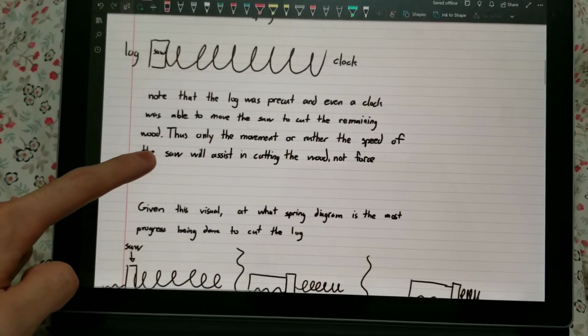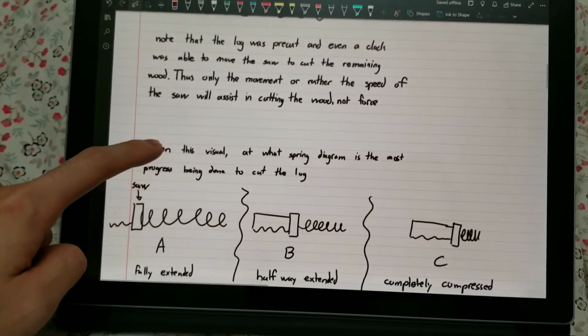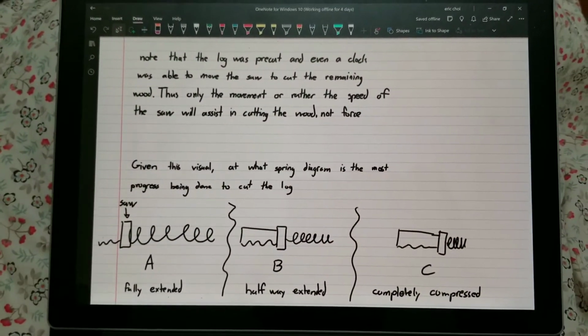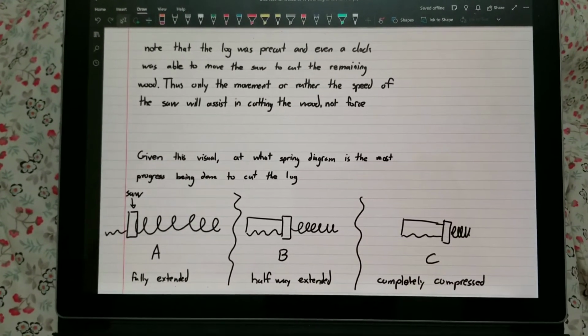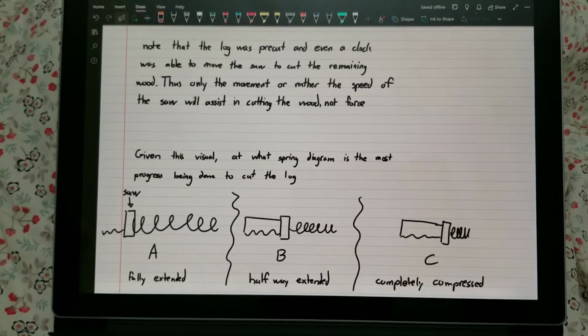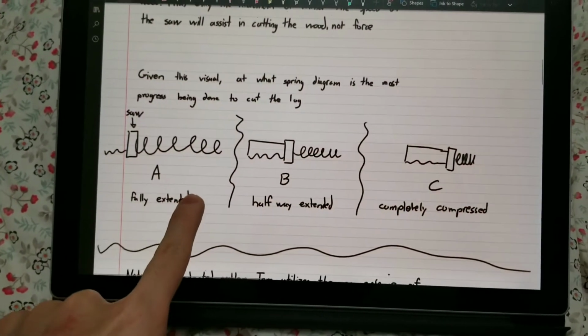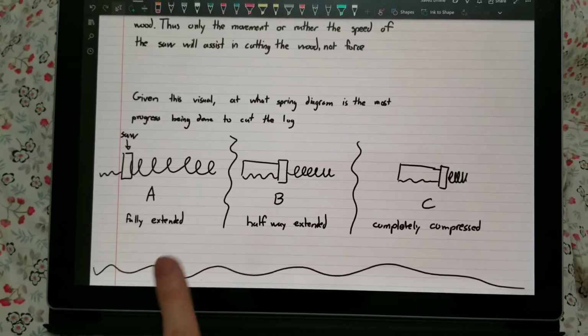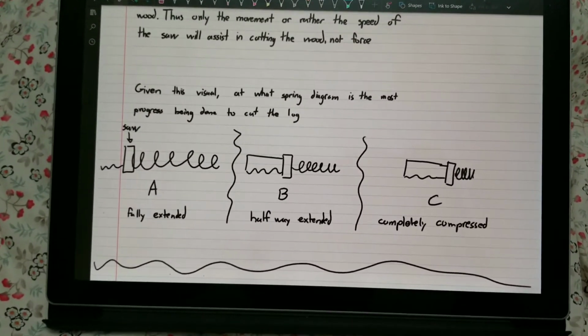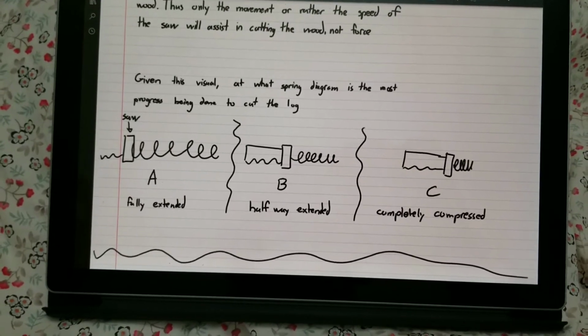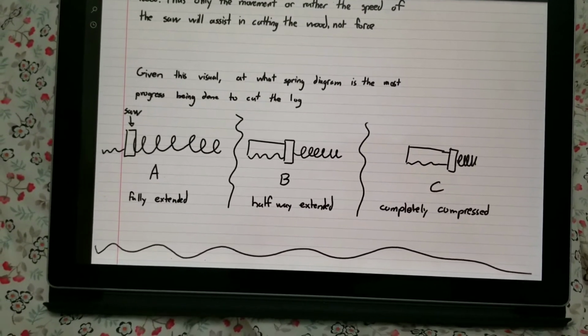So given that no force is needed and all you need is basically how fast can you make each ridge of the saw cut the wood, what spring diagram do you think would match the situation that would most proficiently progress the Rube Goldberg machine?